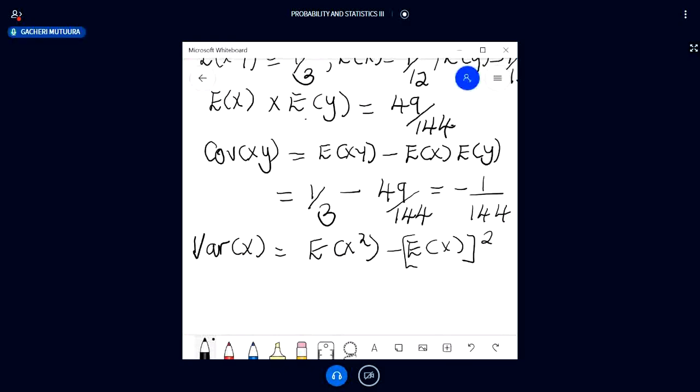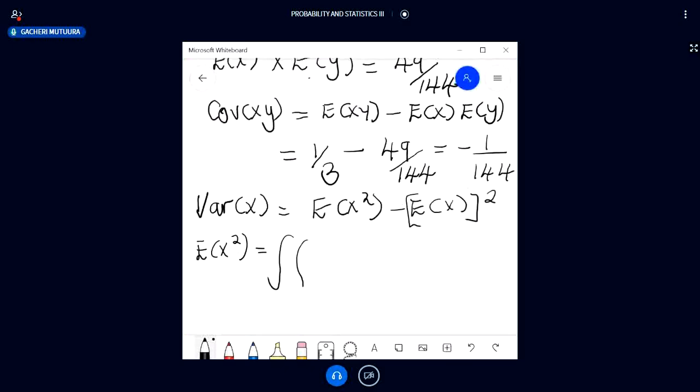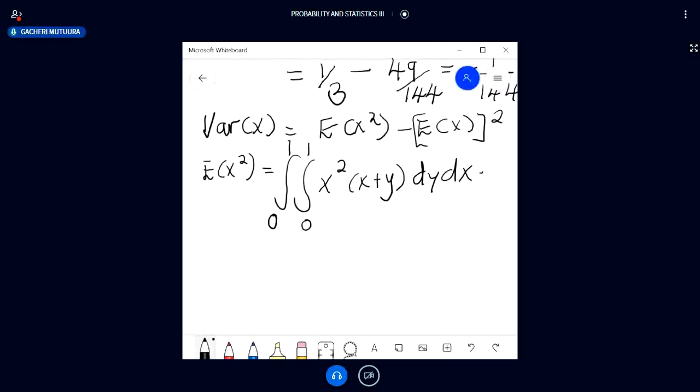We have the expected value of x. What we don't have is the expected value of x squared. Since this is a continuous random variable, we will have to integrate over y. The interval for both was 0 to 1, and we have x squared times (x plus y) dy dx. That gives me the expected value of x squared.